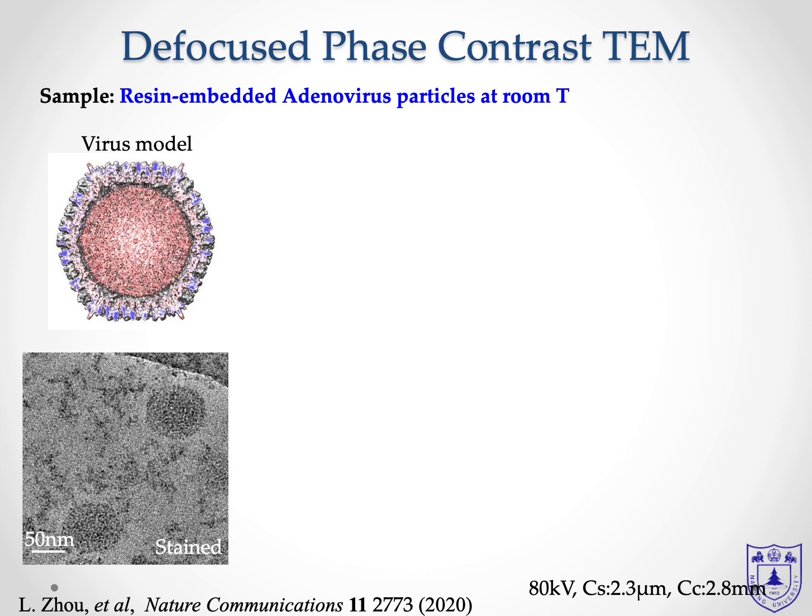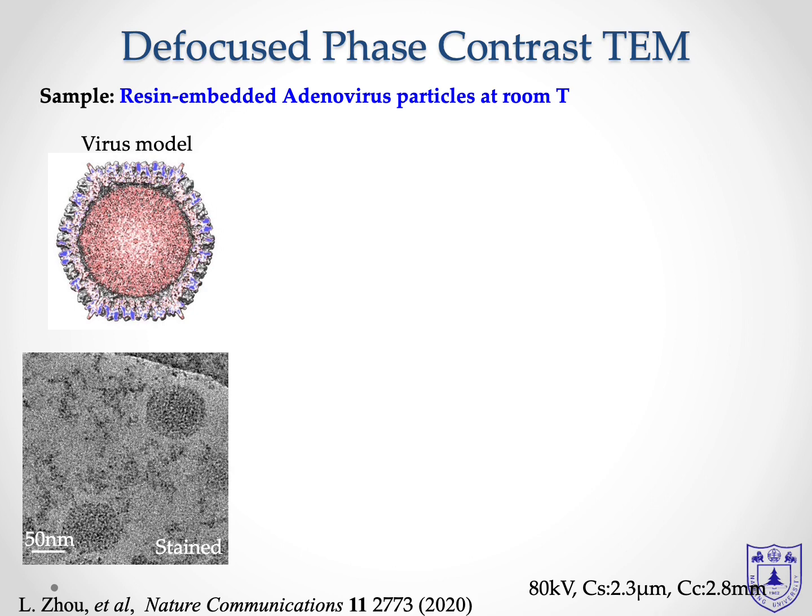To understand why ptychography phase contrast is stronger or better, we took a step back to see the contrast mechanism of defocused contrast TEM. This is a standard. This is a stained adenovirus particle to show you the size and the shape of the particle.